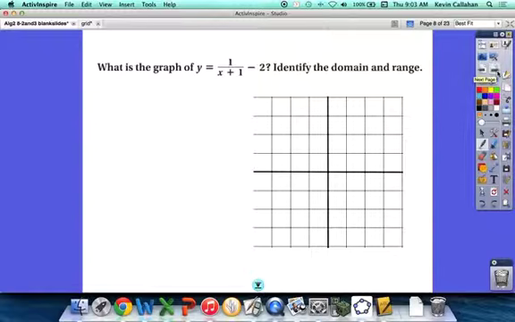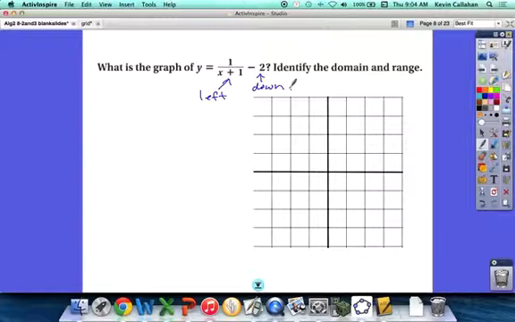Okay, so what is the graph? Tell me what the shifts are you see in this one. First, what's the value of k here? 1, right? Okay, what does the plus 1 do to the graph? Left and down, right? Left 1 and down 2. So when you sketch these graphs, the first thing to do is sketch the asymptotes, right?